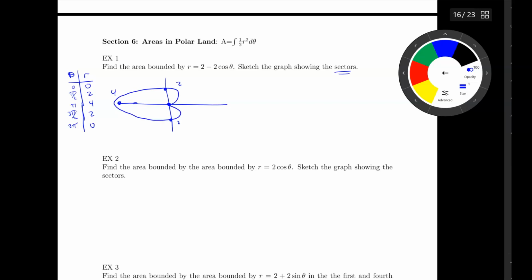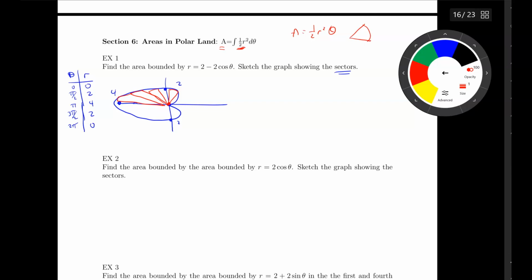Okay, so the sectors. The sectors come out from the origin, like pieces of pie. This is a sector. So we're finding area by sectors. 1/2 r squared theta is the area of this here.